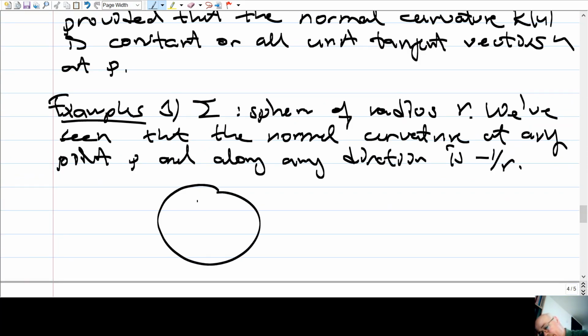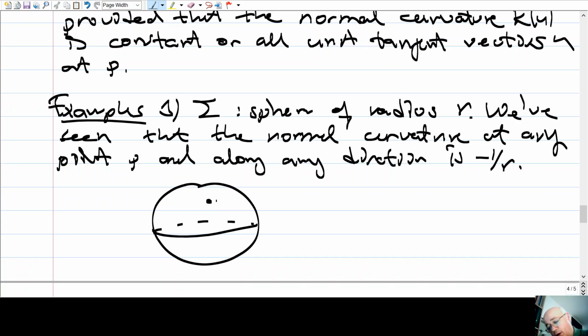So if we have a sphere like this, and you're at a point, how do you find normal curvatures? You give me a tangent direction, let's say this vector u, and then we consider the plane which goes through this point containing this vector, and it should be normal to the surface. It means that it also contains the line joining this point to the origin.